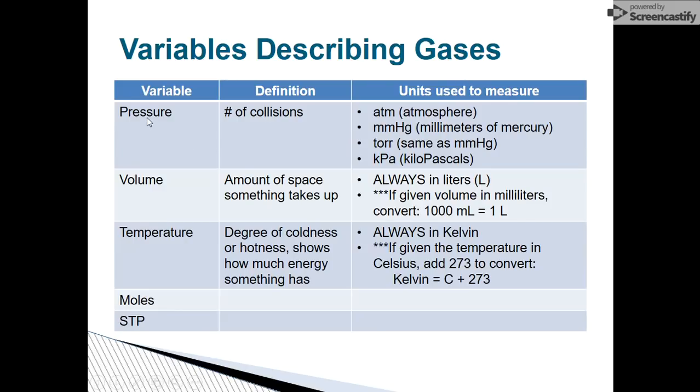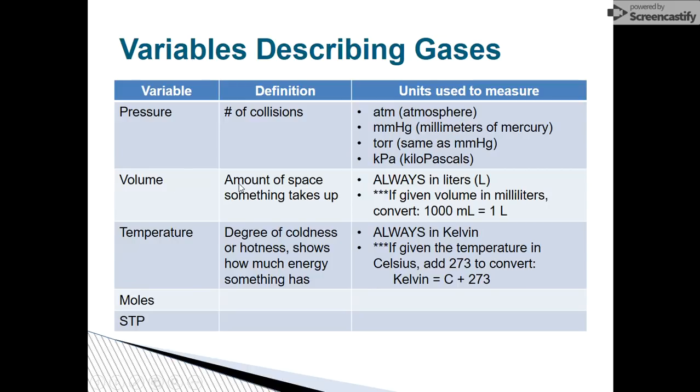The 3 variables that are important right now are pressure, volume, and temperature. So you can describe a gas based on its pressure, which is the number of collisions. And the units we use to measure this are atmosphere (ATM), millimeters of mercury, the torr, or the kilopascals. So if you see a number that's 760 torr, that means that's the pressure, right?